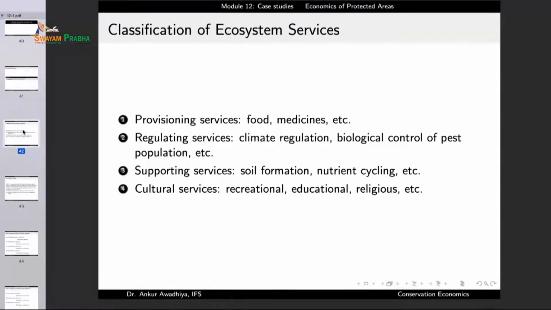Now, ecosystem services are divided into provisioning services, in which case the ecosystem provides something in the form of materials, such as food or medicines. So, if you have a well functioning ecosystem, you can get hold of certain medicinal plants or certain amounts of food from this area. So this is known as a provisioning service.